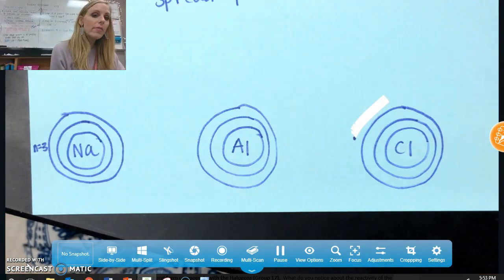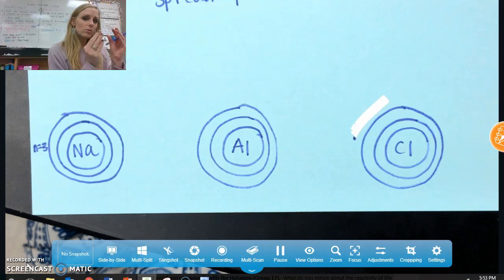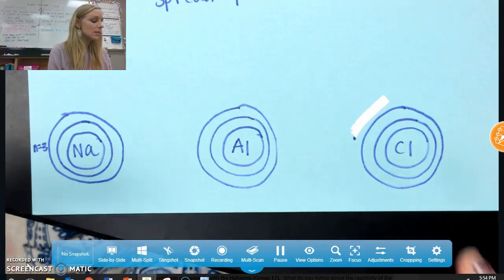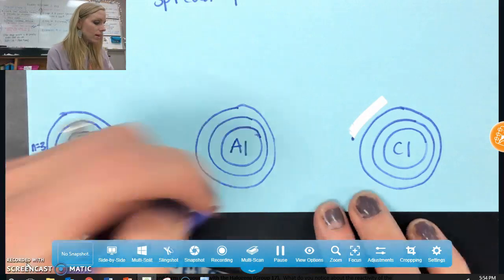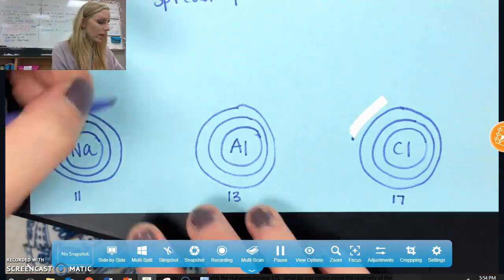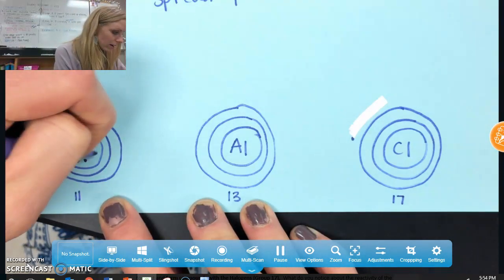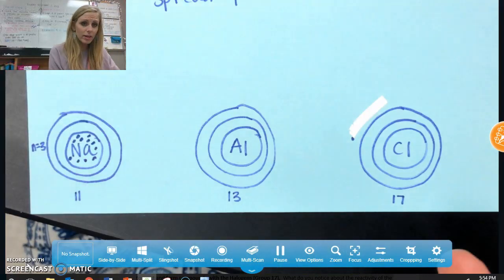But let's talk about that in terms of Coulombic attraction. When you throw in the fact that your protons and electrons are going to attract each other, but your other electrons are going to be repelling, and then the distance. So let's talk. Sodium's atomic number is 11, aluminum is 13, and chlorine is 17. So sodium has 11 protons. 2, 3, 4, 5, 6, 7, 8, 9, 10, 11. And 11 electrons.